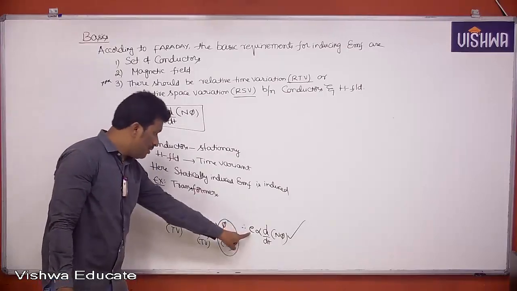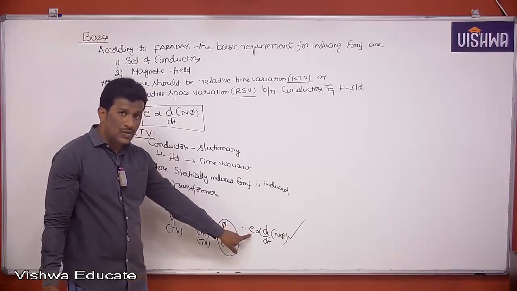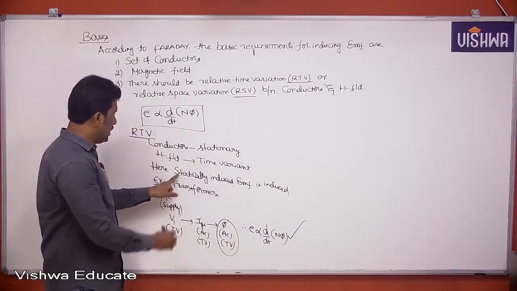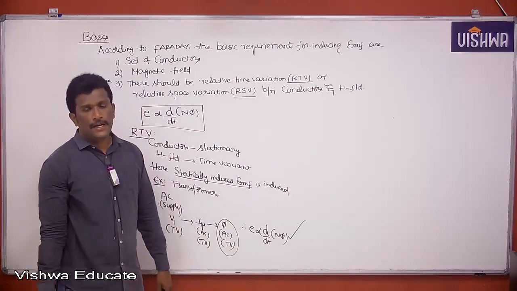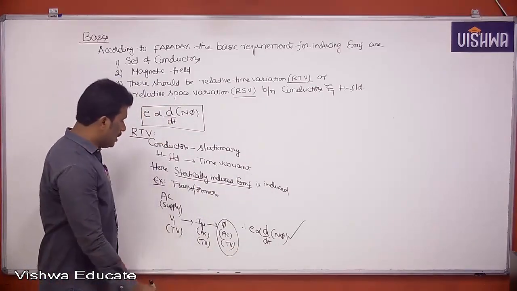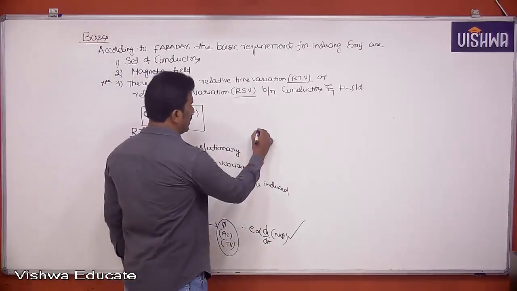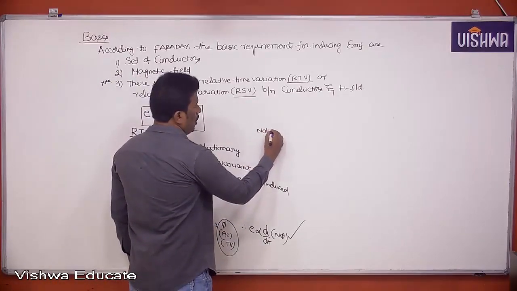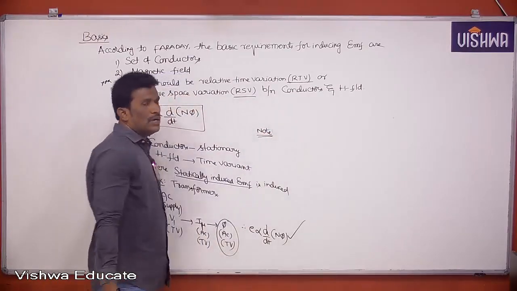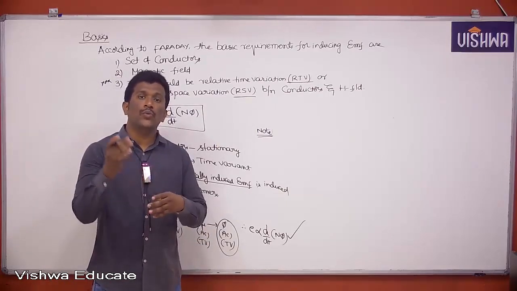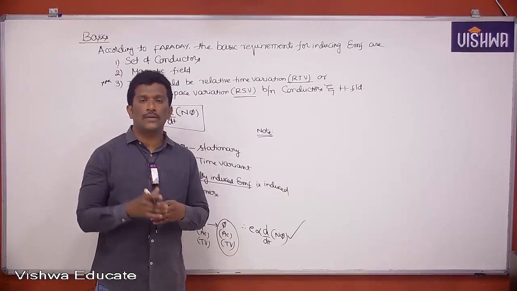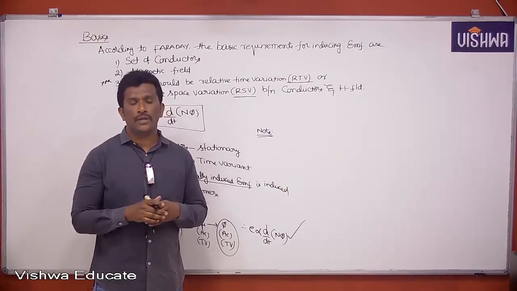The type of EMF induced in a transformer is called statically induced EMF. And here you have to understand one simple thing. Whatever EMF is induced in a transformer, the direction of the statically induced EMF is given by Lenz's law.